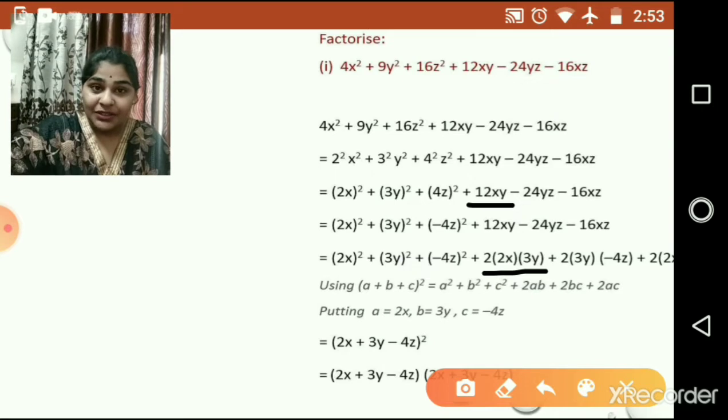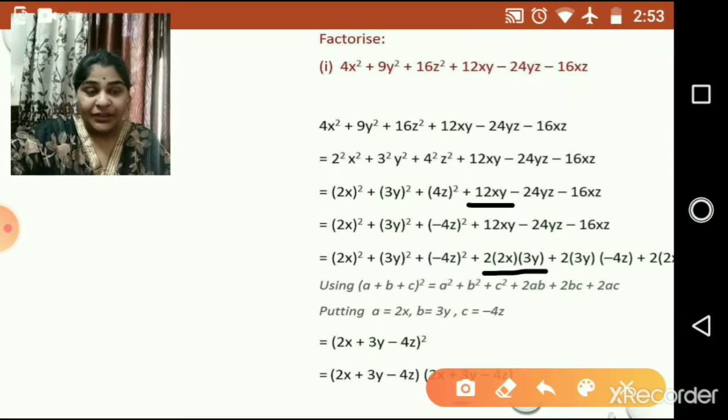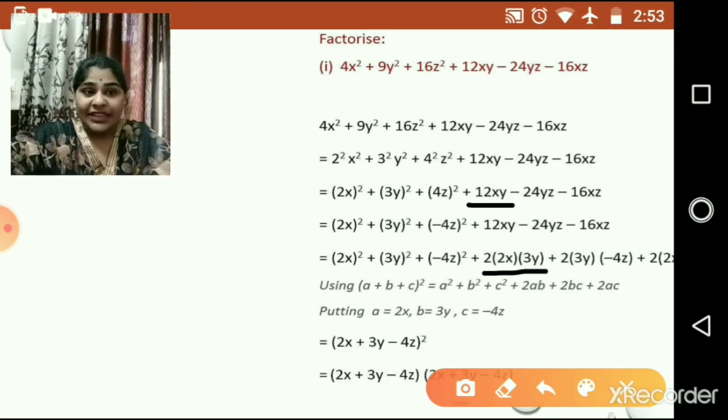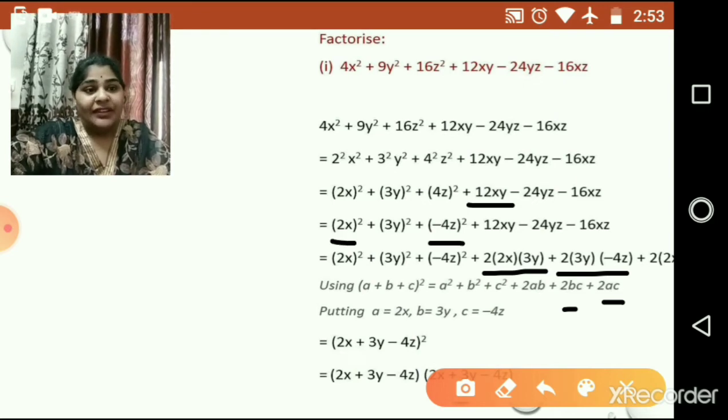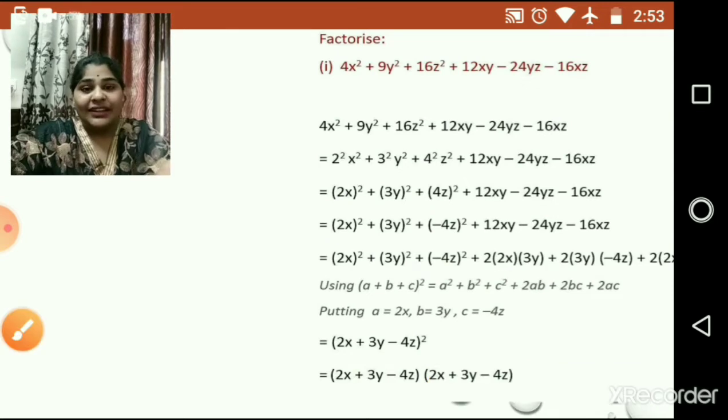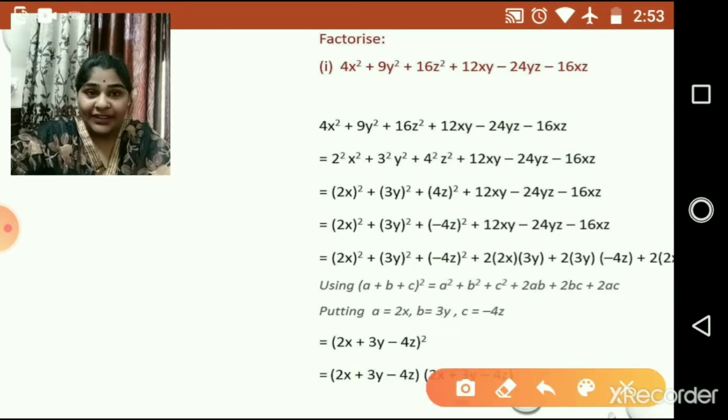Similarly, the other terms also I have split in the same way, that is 2bc and 2ac, that is 2 into 3y into minus 4z, that is b and c value, and 2 into a and c, that is 2x is a and minus 4z is c value. So now next, we are going to just compare it, children.